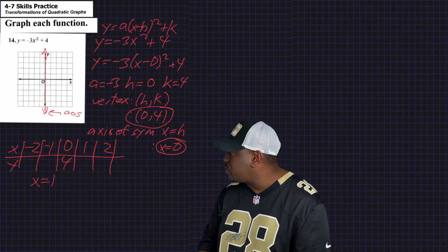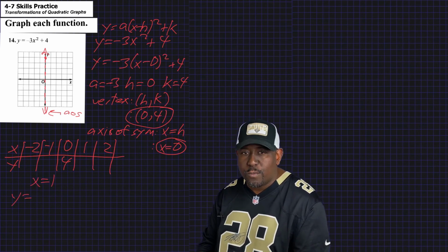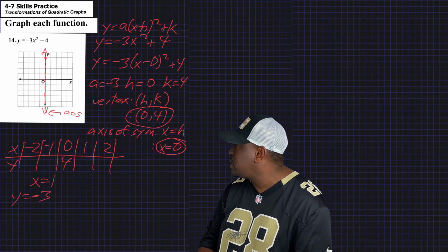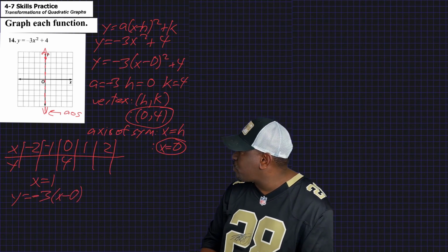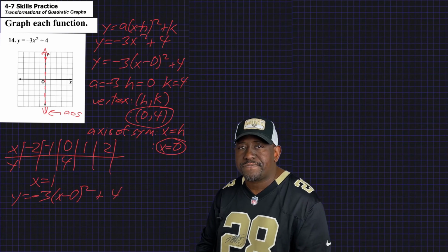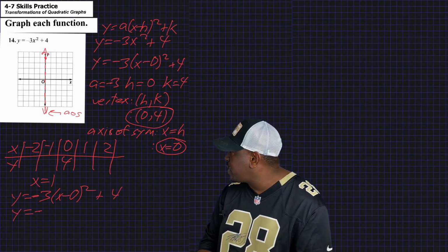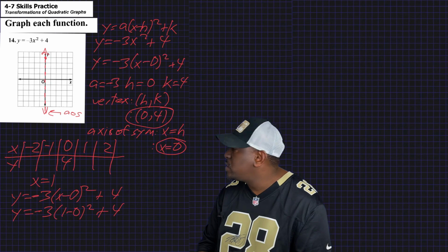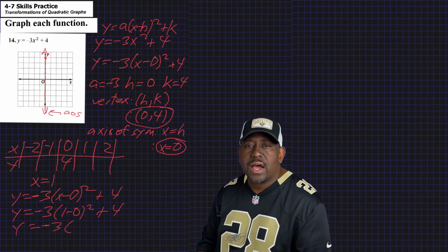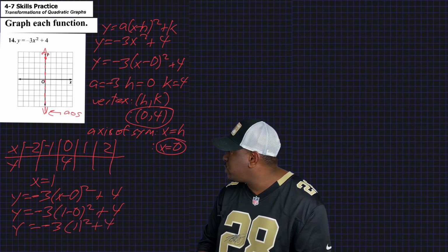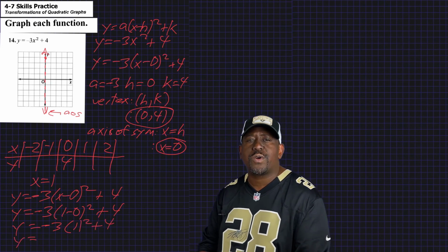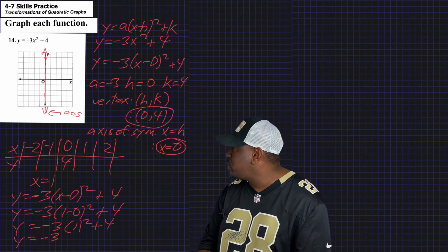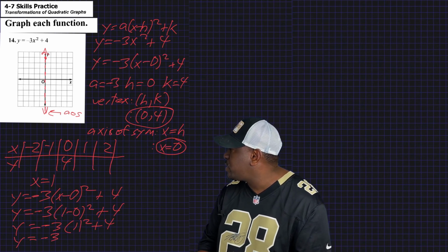And we're going to substitute those values of x to solve for y, and then we'll apply those points. So the first point we want to use is x equals 1. We substitute that into our vertex form. We'll have negative 3 times (1 minus 0) squared plus 4. 1 minus 0 is 1, so we'll have negative 3 times 1 squared plus 4. 1 squared is equal to 1, so we'll do negative 3 times 1 plus 4.